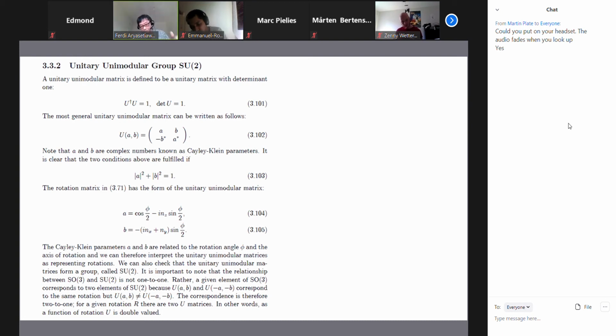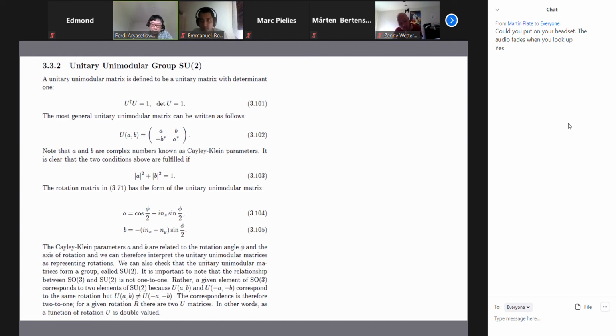So they represent a rotation in spin space. And also we can see explicitly the connection between rotation in the 2-dimensional spin space and the rotation in 3 dimensions.